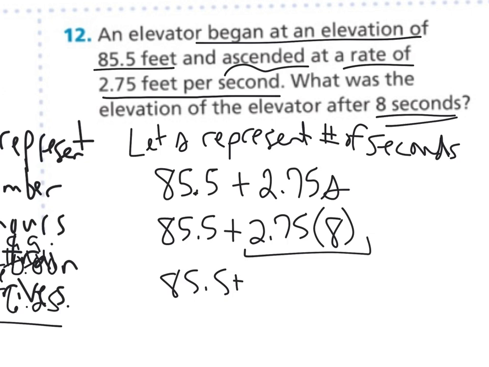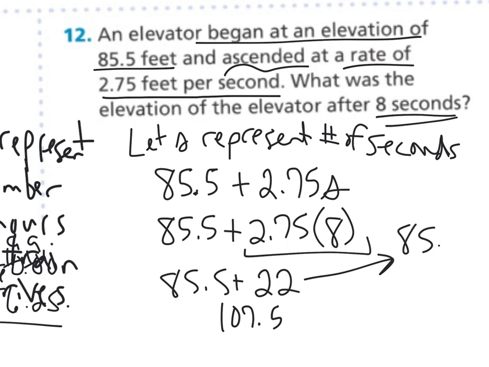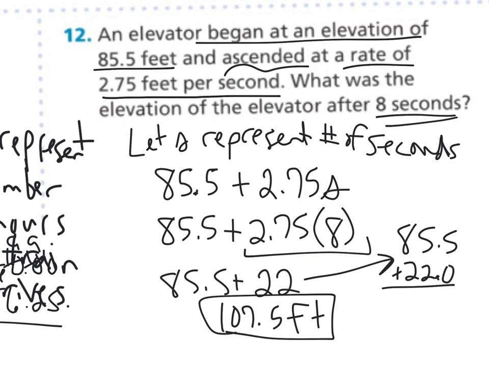So multiply that would be 22, and then you add those together would be 107.5. Right here again, just another reminder, if you are adding these decimals lined up, 22 doesn't have a decimal, well, it's the same as 22 and 0/10. So 107.5 feet would be the elevation of the elevator after 8 seconds.